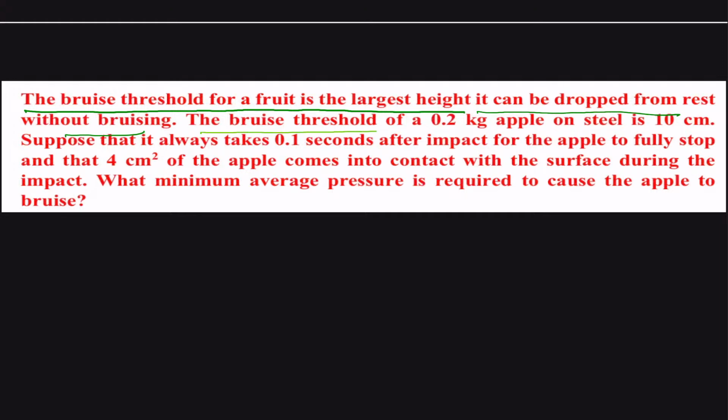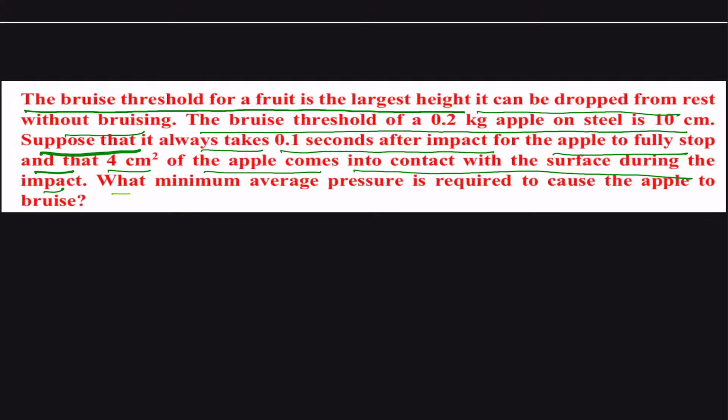The bruise threshold of a 0.2 kg apple on a steel surface is 10 cm. Suppose that it always takes 0.1 seconds after impact for the apple to fully stop, and that 4 cm square of the apple comes into contact with the surface during the impact. What is the minimum average pressure required to cause the apple to bruise?